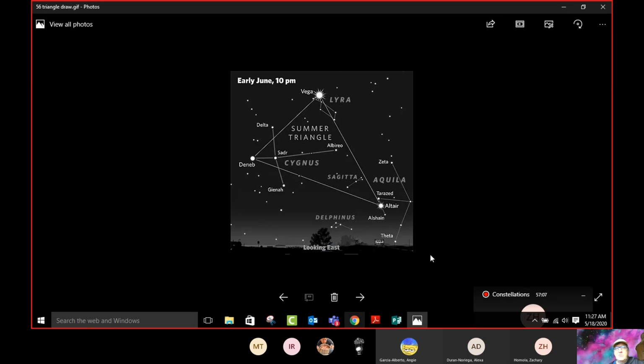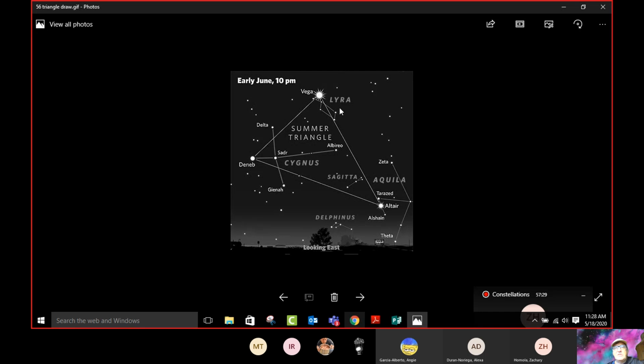Here's another view of them. Cygnus the swan, Lyra the lyre, Aquila the eagle, with their 3 brightest stars forming the summer triangle. I just recently discovered, by looking more closely, this constellation, the dolphin, Delphinus, right next to the triangle.